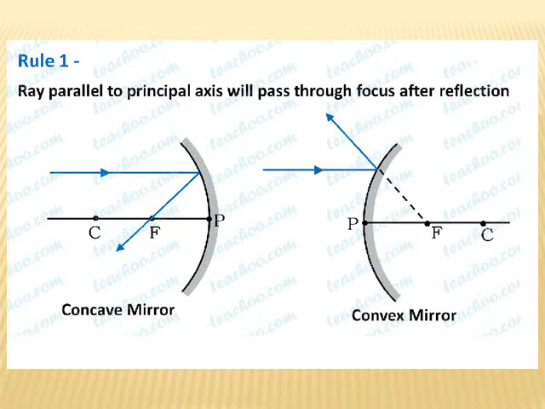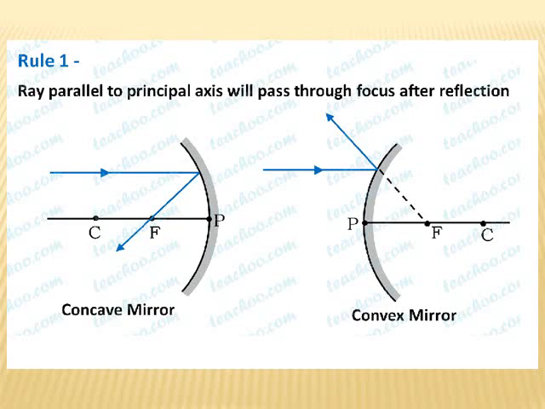The rule number 1 says, observe the blue color ray of light. So the ray is parallel to the principal axis. So after falling on the mirror, it is getting reflected, and the reflected ray passes through F, that is the principal focus.